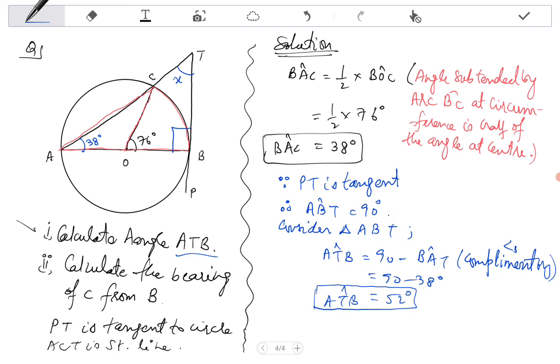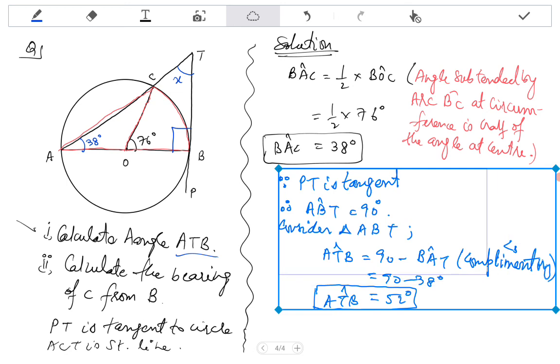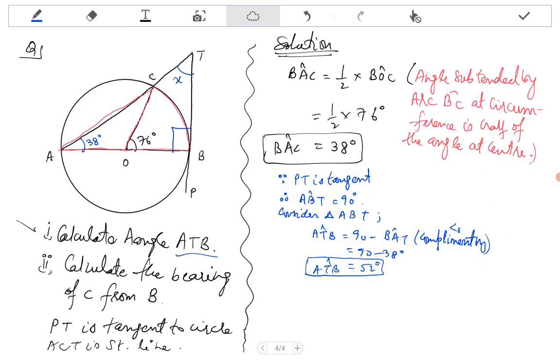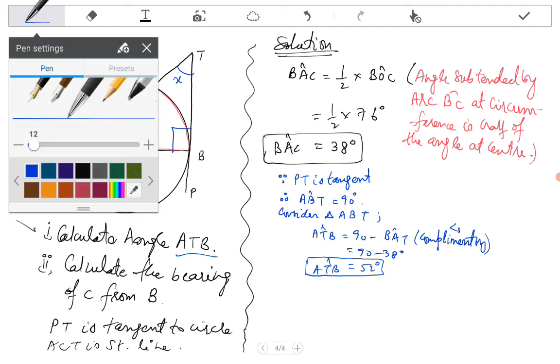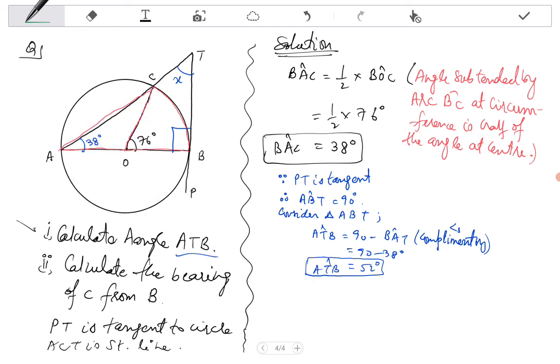And then we have to calculate the bearing of C from B. In order to find out the bearing of C from B, you should first identify, as I told you earlier, most of the time students do not identify well which angle is actually required in the question.